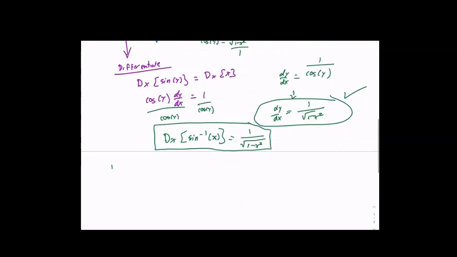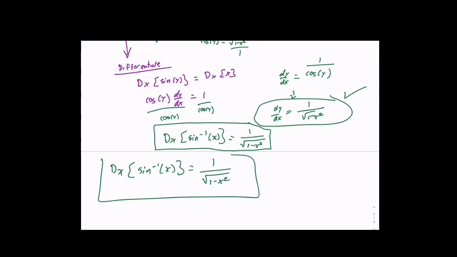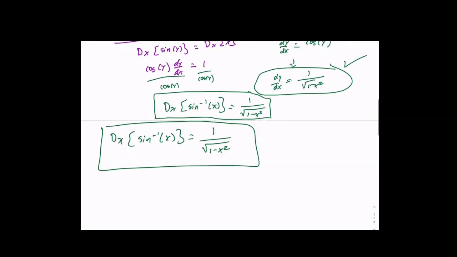So we've just found our first derivative, that the derivative of the inverse sine of x is 1 over the square root of 1 minus x squared. This is the first memorization one. It also follows that the derivative with respect to x of the inverse sine of u would just be the chain rule.